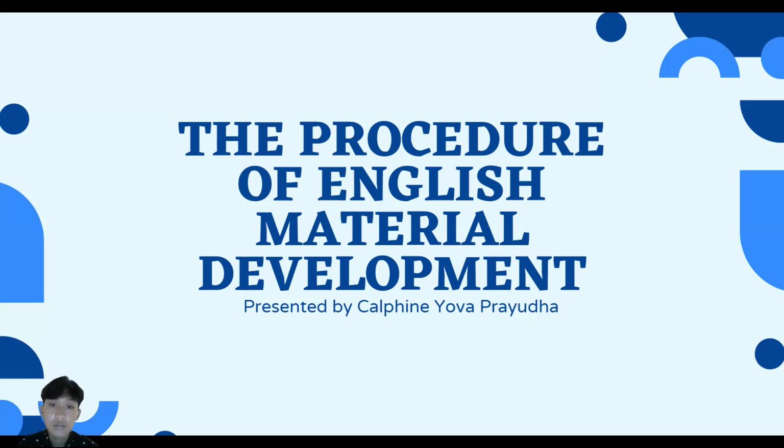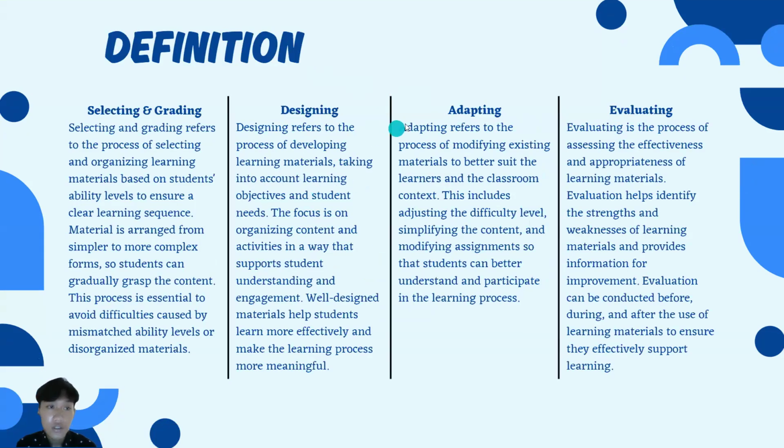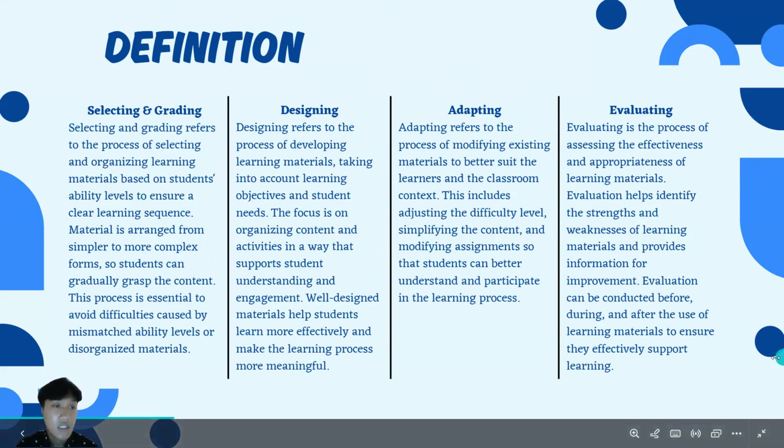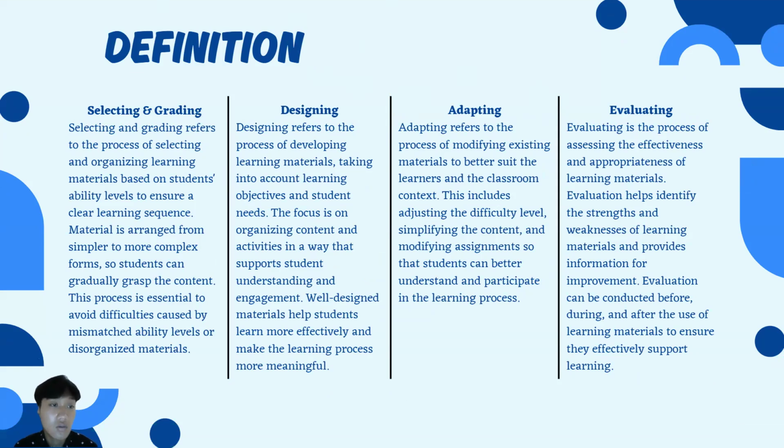Okay, let's start the presentation. Slide one is definition. For definition: selecting and grading, designing, adapting, and evaluating. The first one is selecting and grading. Selecting and grading refers to the process of selecting and organizing learning materials based on students' ability levels to ensure a clear learning sequence.